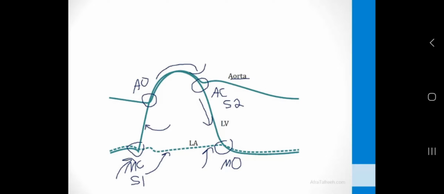Then again in the down region, the left atrial pressure will increase more than ventricular pressure, that will again open the mitral valve.